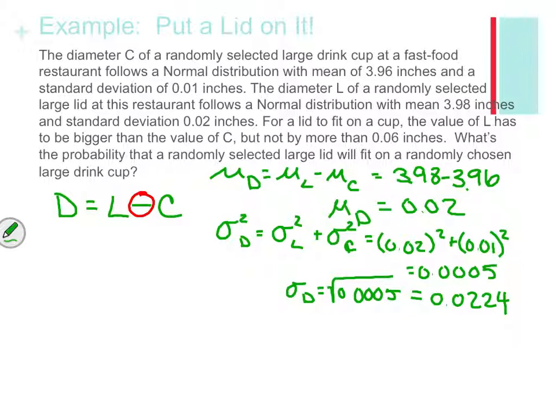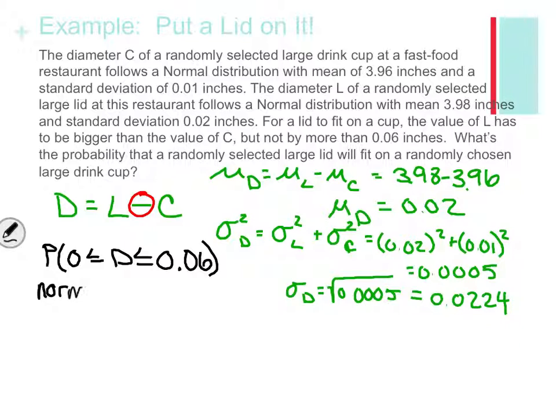So you're looking for the probability that the difference D is from 0 to 0.06.